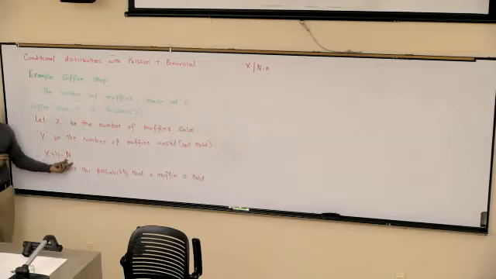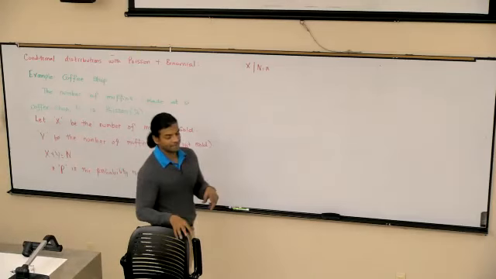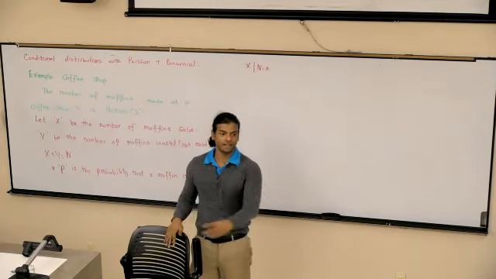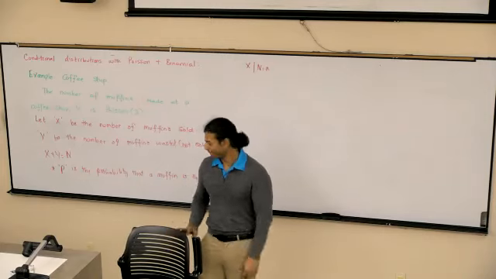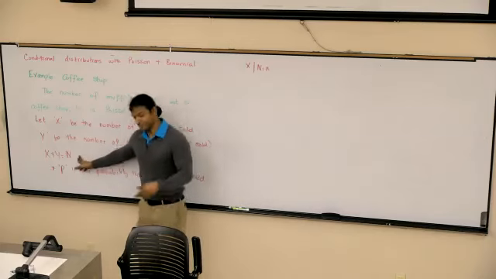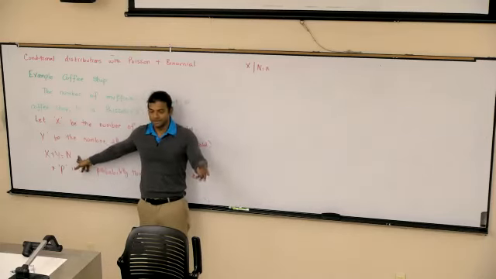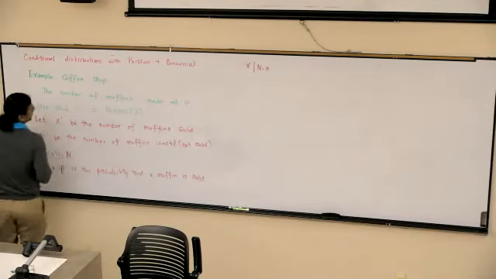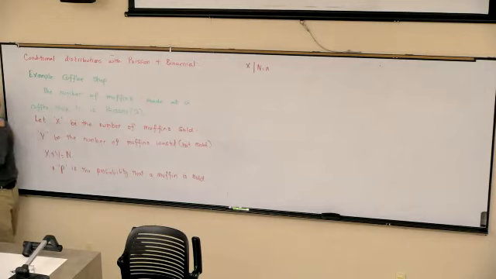So if this happens to be a fixed number, and I made, say, 20 muffins, I can say the number of muffins sold per day is going to be distributed as binomial, n and p. But that's not a fixed number, right? Because n is a random variable. And that random variable is distributed as a Poisson. So I cannot say that x will have a binomial distribution. Does that make sense?